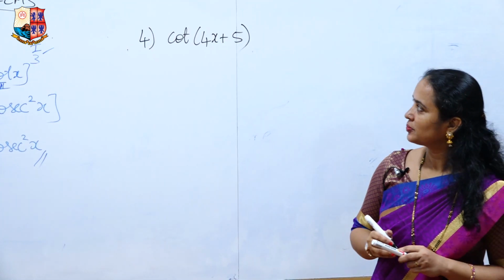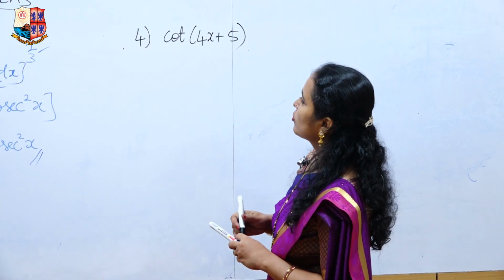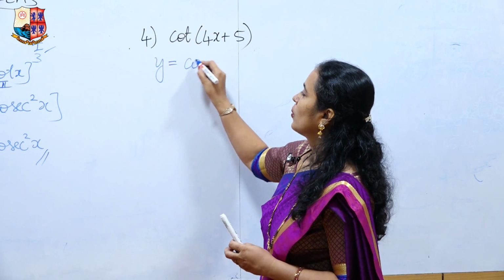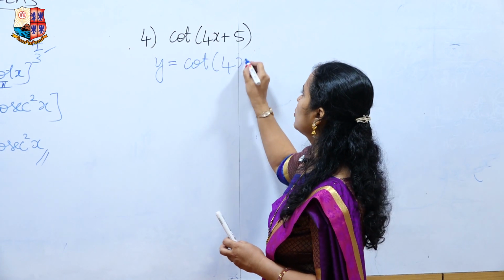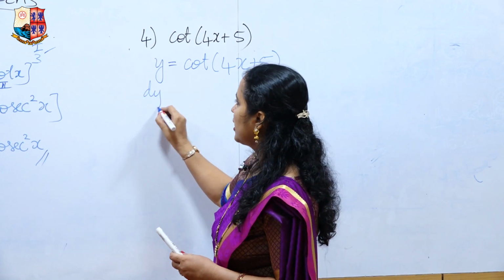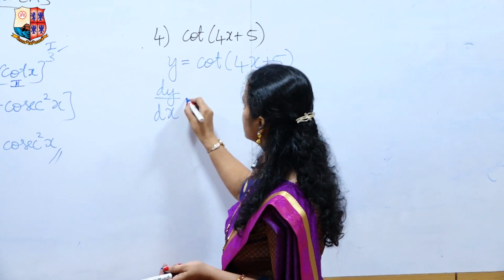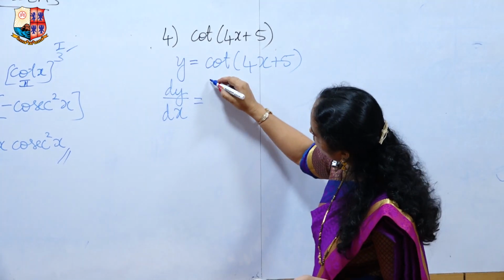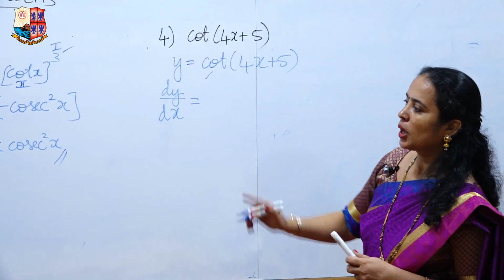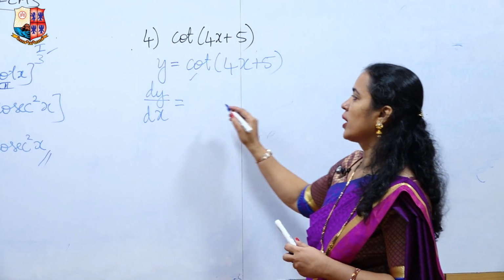Fourth problem, cot of 4x plus 5. Y is equal to cot of 4x plus 5. So dy by dx is equal to, how will you go with it? Cot, when you differentiate you will get minus cosecant square x.